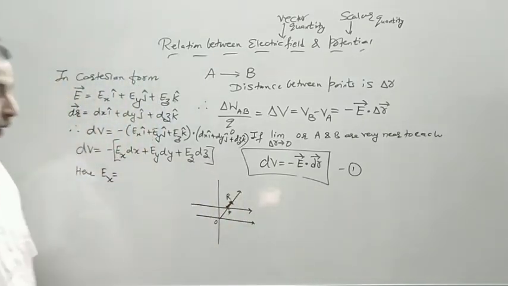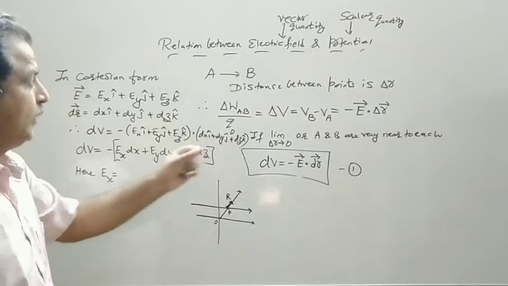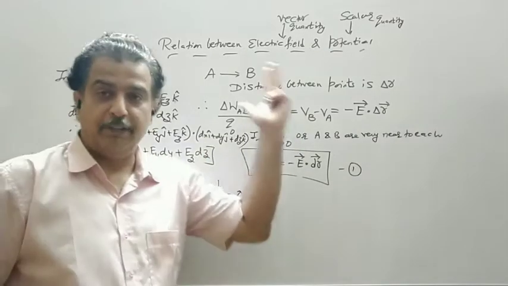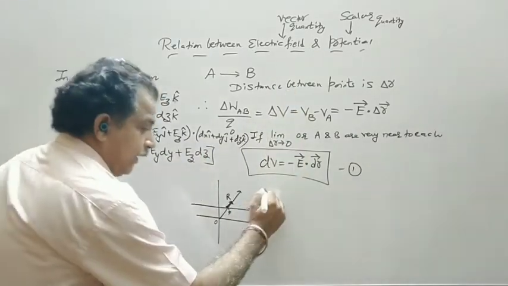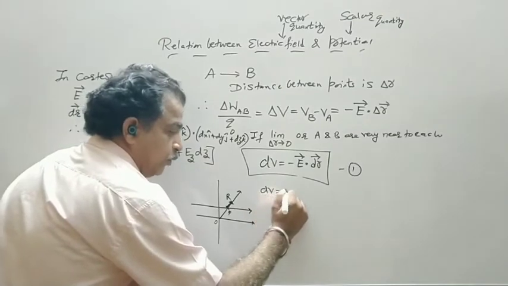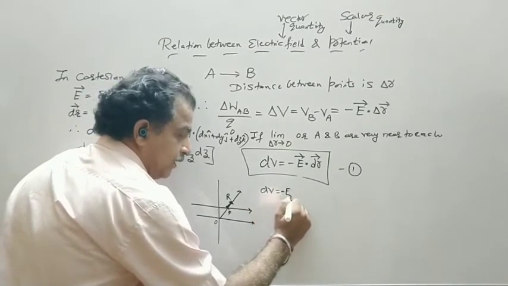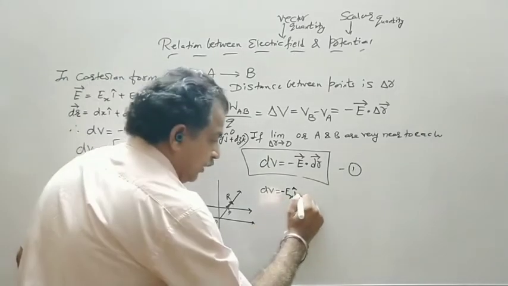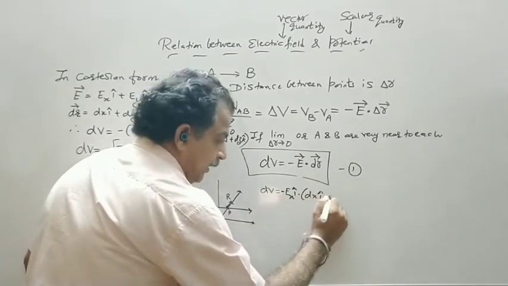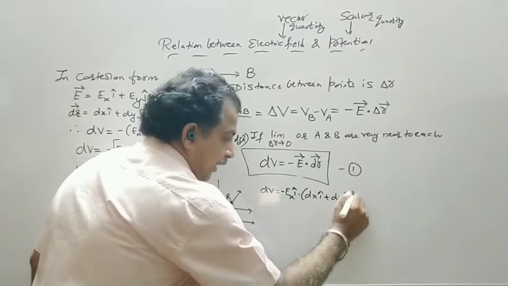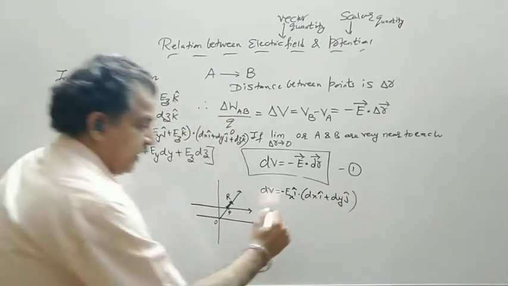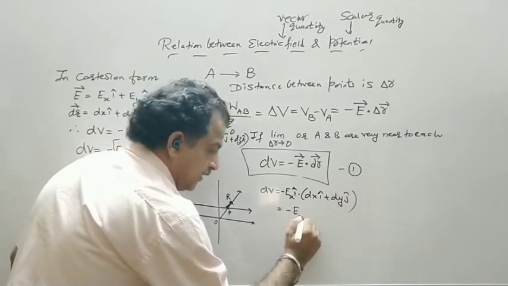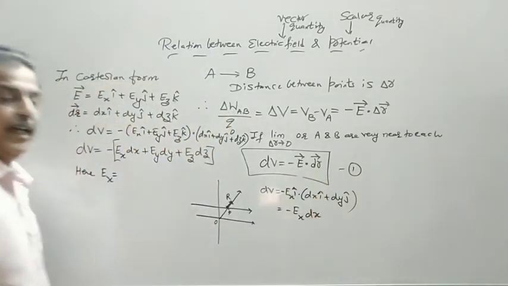So clearly I cannot directly write that previous formula. So here I have to write dV is equal to minus Ex i dot dx i plus dy j. So this is again minus Ex dx.